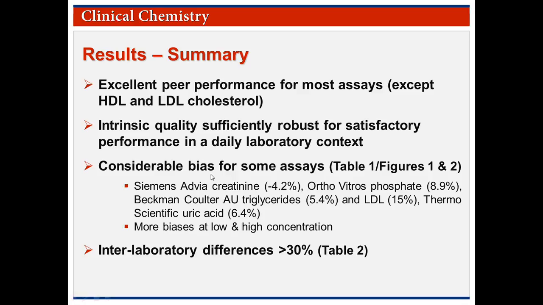In some assays, there was noticeable bias for creatinine, phosphate, triglycerides, and LDL cholesterol, and then uric acid in the Thermo Scientific assay. And obviously, at low and high concentrations, there were more biases. And there were a lot of interlaboratory differences, which we'll look at now.